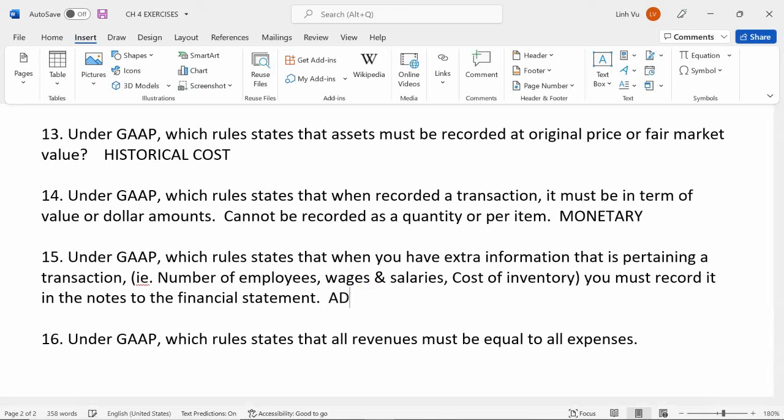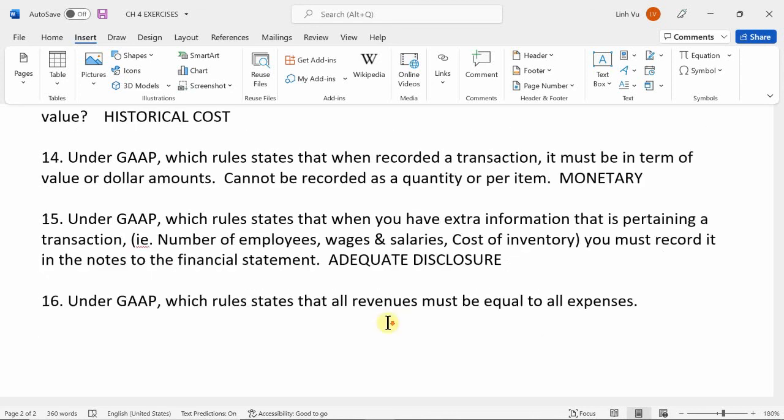Is it adequate disclosure? Excellent. Good. The notes to the financial statements are the huge indicator.